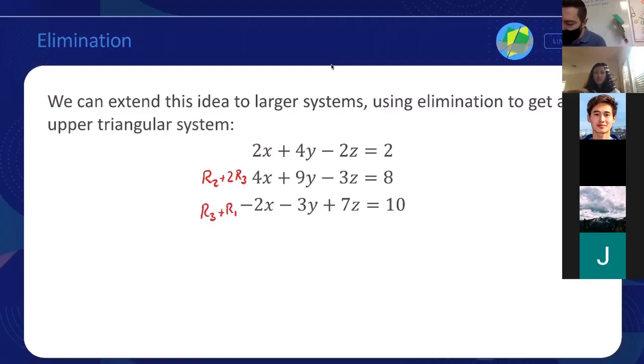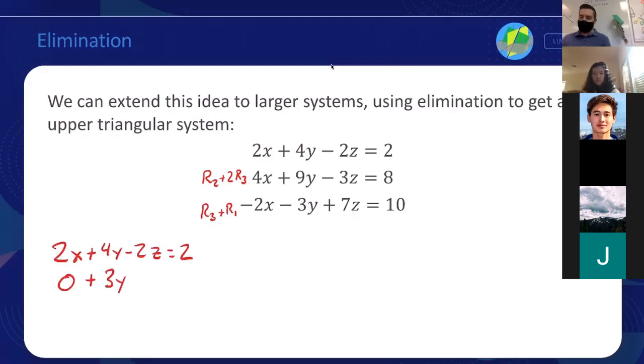So after doing that, my first one stays the same. I'll have 2x plus 4y minus 2z equals 2. Now I'm going to take row 2 plus 2 row 3. So 4x plus 2 times negative 2x is going to give me a 0. And then I'll have 9y plus 2 times negative 3y, so 9 minus 6y is going to be a 3y.